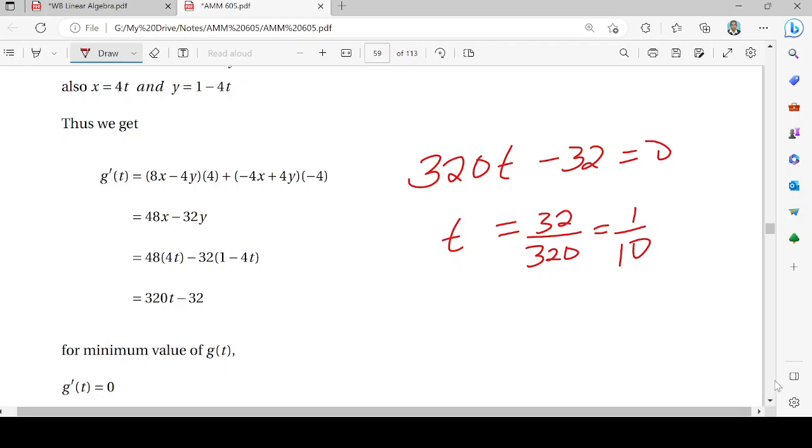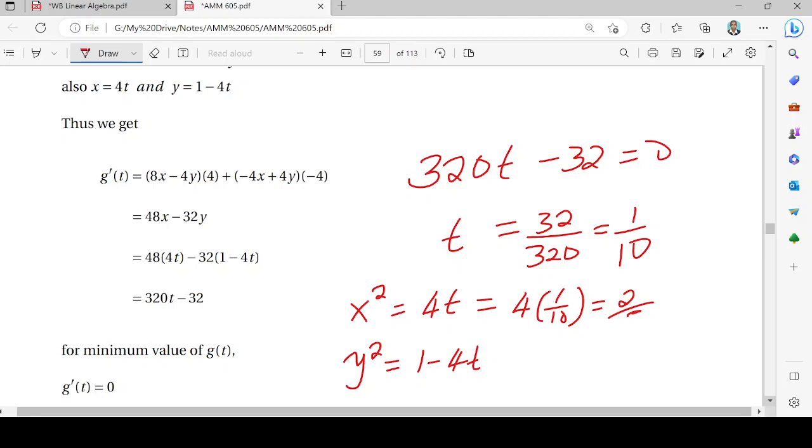Now with this value, we can determine the value of x2, which we had written as 4t, and y2, which we had obtained as 1 minus 4t. So 4t will be 4 times 1 over 10, which is 2 over 5, or 0.4.